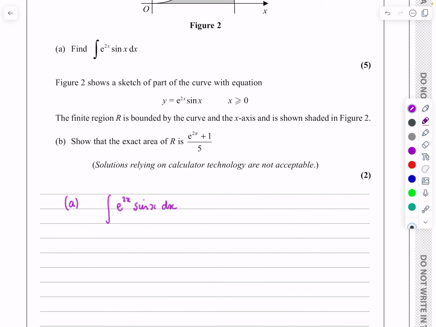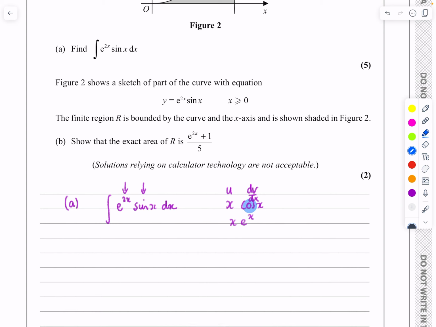So when we do integration by parts is normally when we've got some sort of product, two different values, and typically we might have something like x cos x, x e to the x, something like that, where what you're going to do is allocate one of them to be u and one of them to be dv by dx, with the idea that when we do all our work, u will be differentiated and will get simpler, and dv by dx will be integrated, and so I don't want that to get more complicated.